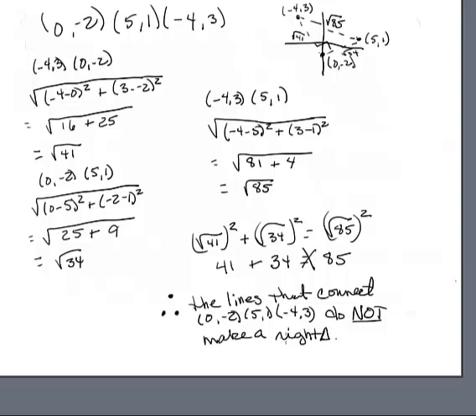Okay, so that is a way to prove, using nothing but the distance formula, that those 3 points, with lines connecting them, do not make a right triangle.